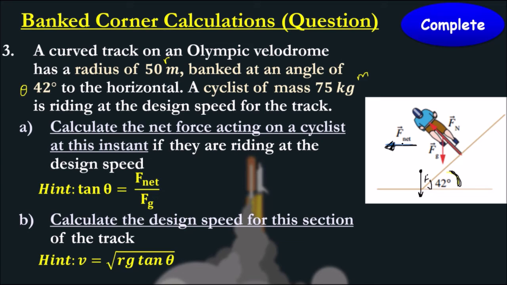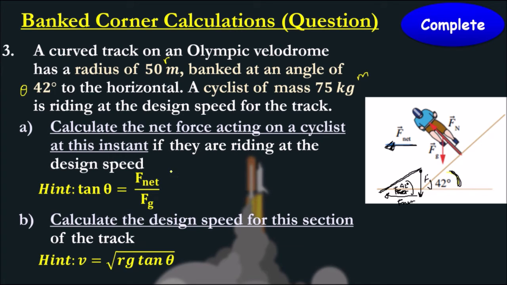The net force is, in a way, the horizontal component of these two vectors. If I draw my triangle out like so, I have my net force down here, my angle 42 degrees. That's where we get the tan theta from. As you can see, we have the adjacent side and the opposite side here.